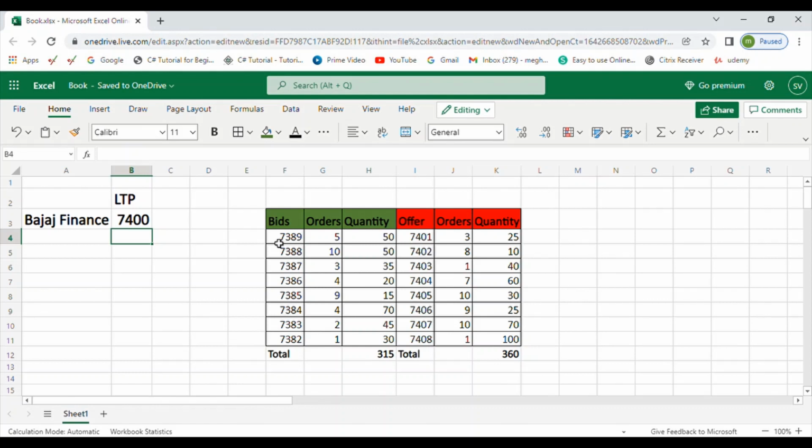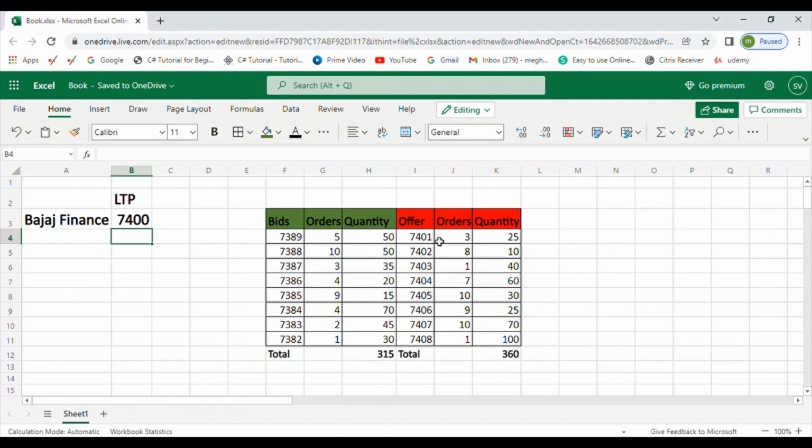7,389 rupees. So there are some people who are interested in buying Bajaj Finance share at 7,389 rupees, but when you look at this offer price, it is very clear that the seller doesn't want to sell at 7,389 rupees.